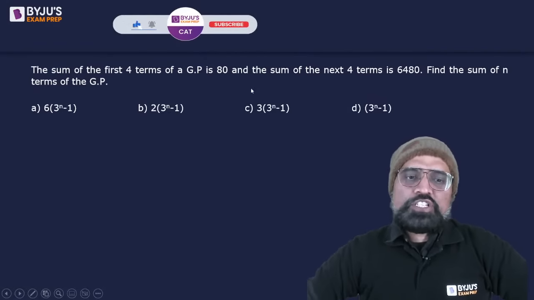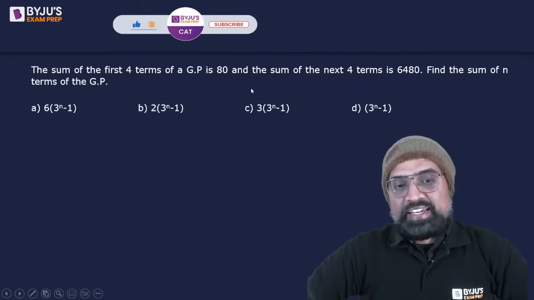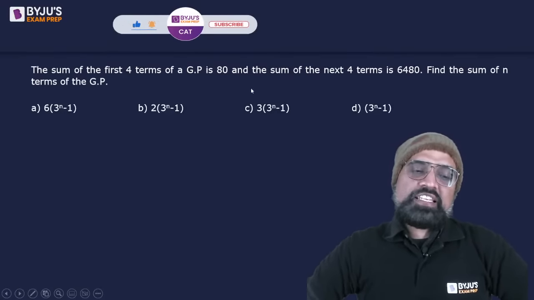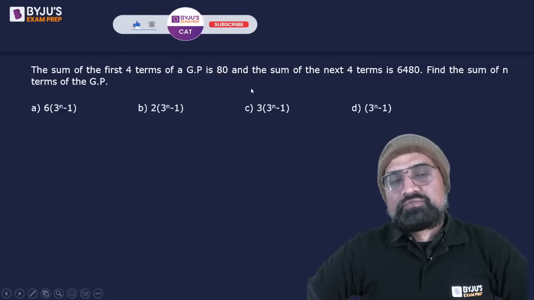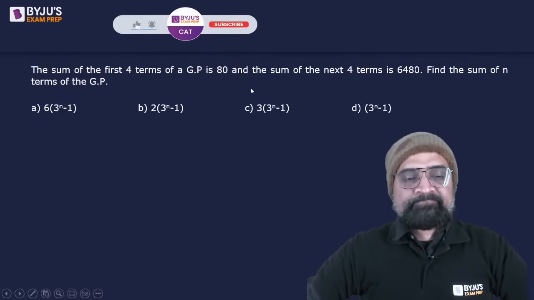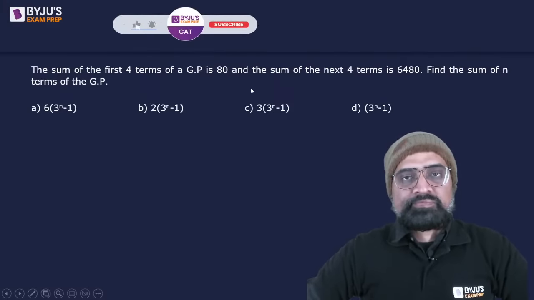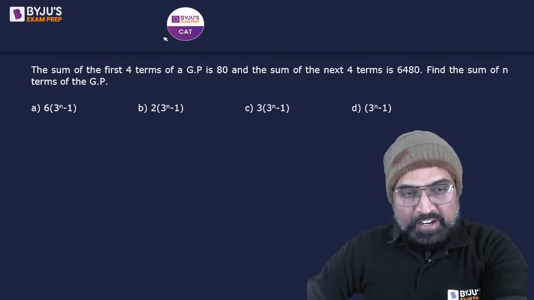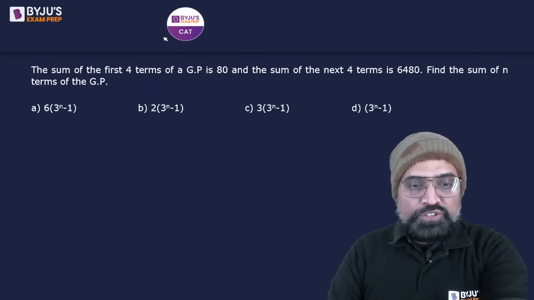The sum of the first 4 terms of a geometric progression is 80 and the sum of the next 4 terms is 6480. Find the sum of n terms of the GP. Again, a very straightforward question.